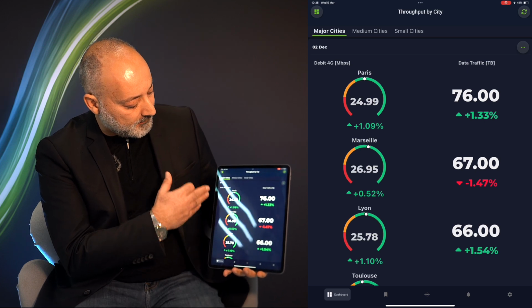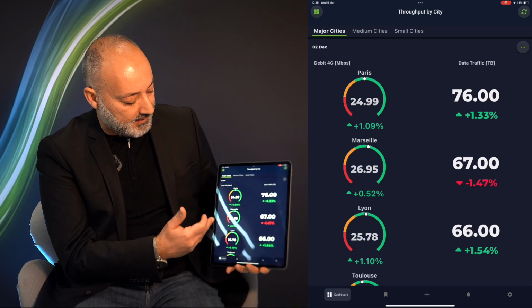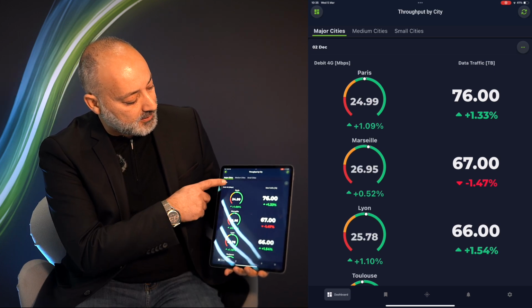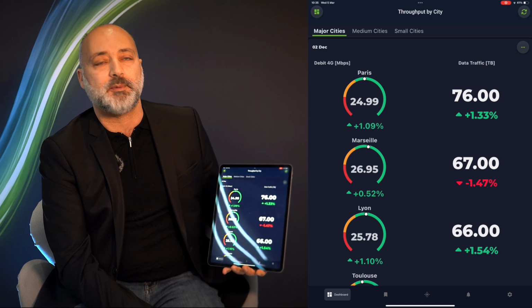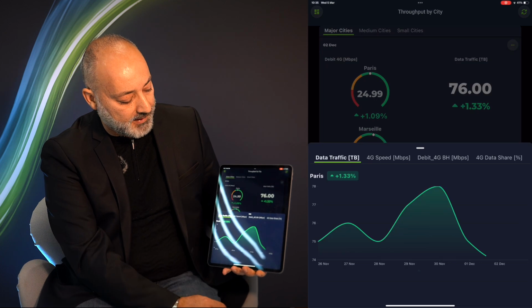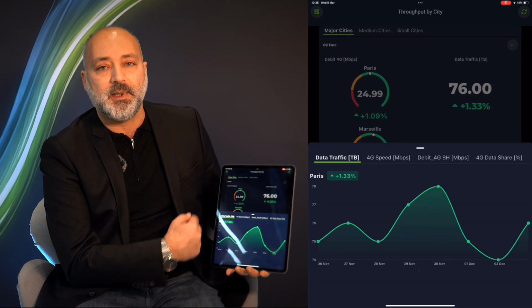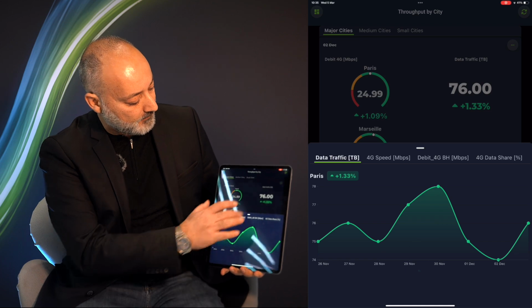Here, for example, in France, we are looking at the traffic on big cities like Paris, Marseille, Lyon. We can also look at throughput information, again with the delta compared to the past week. And of course, every time you can look at the trend and the delta compared to the past week, so the evolution in real time.